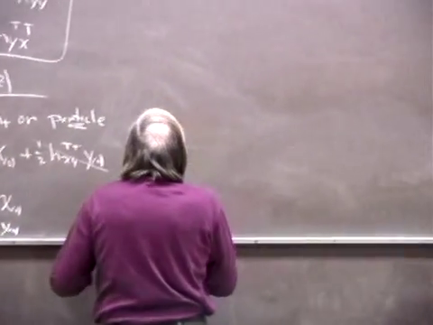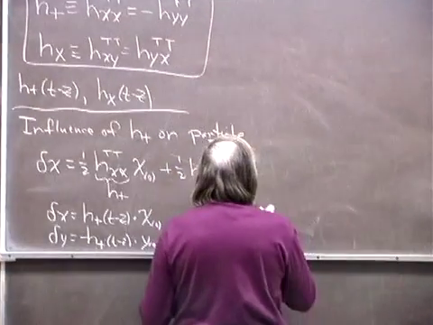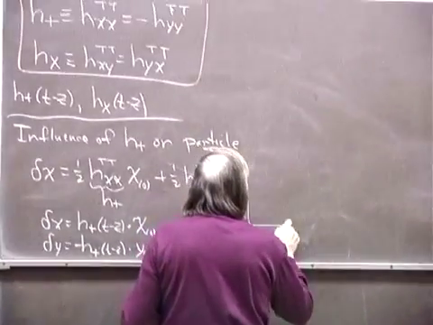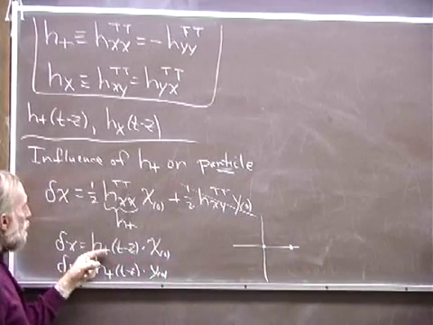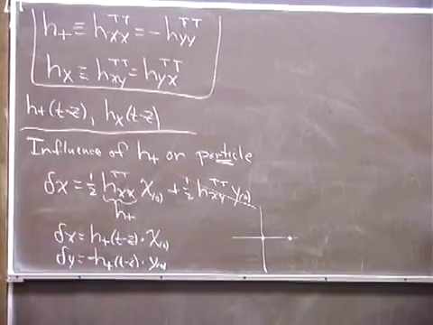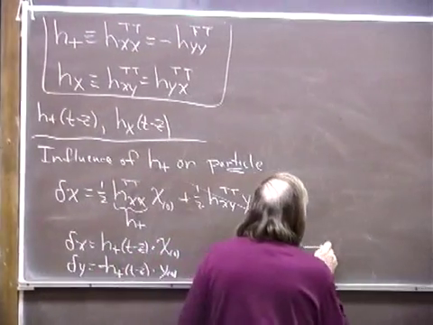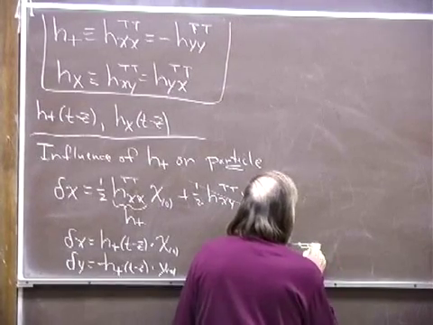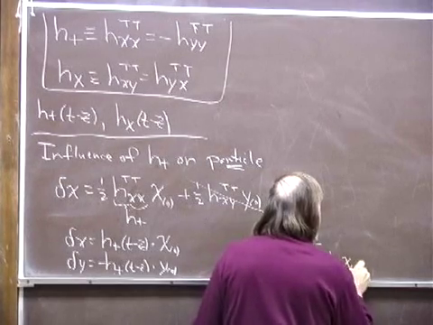In terms of a diagram then, what this says is the following, that if I had my particle A here, and if I put particle B right there, and suppose that H plus is momentarily positive, then particle B is going to move from where it began outward to here, say, through a displacement delta x, which is h plus times the unperturbed x.